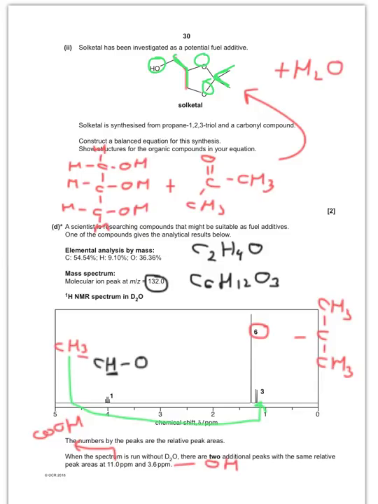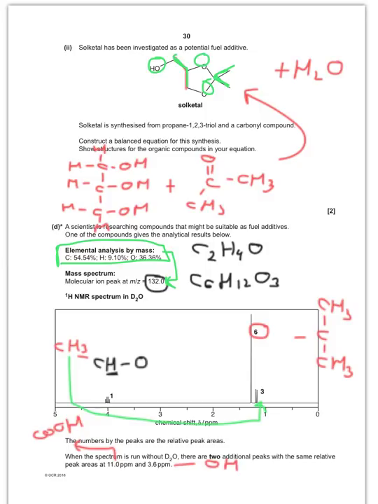Okay, and now we need to work out a structure. So we've got an NMR, elemental analysis, and mass spectrum. Okay, so let's go for it. If I find the empirical formula, first of all using my elemental analysis, I get C2H4O. I then need to scale that up for your molecular ion peak to C6H12O3.